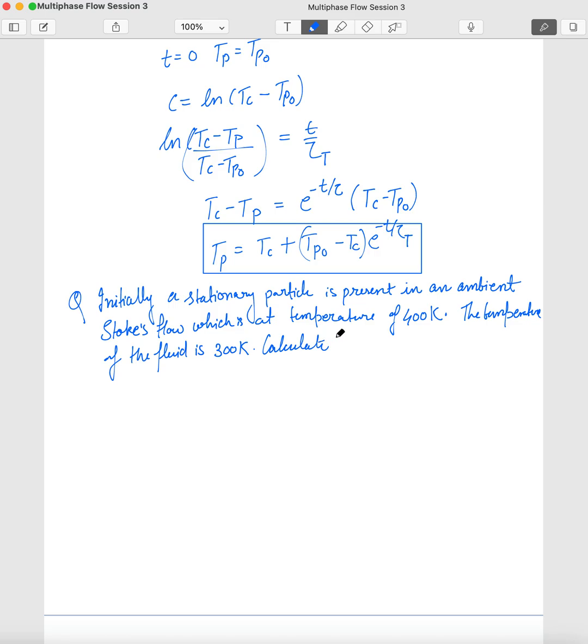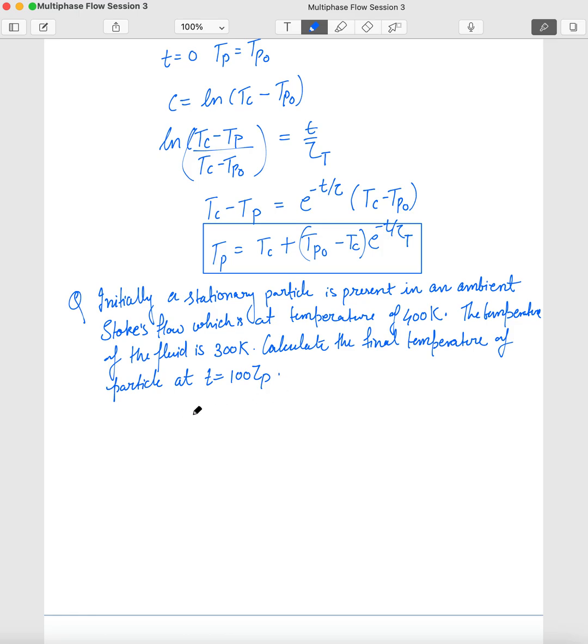Calculate the final temperature of the particle at t equals 100 tau p.